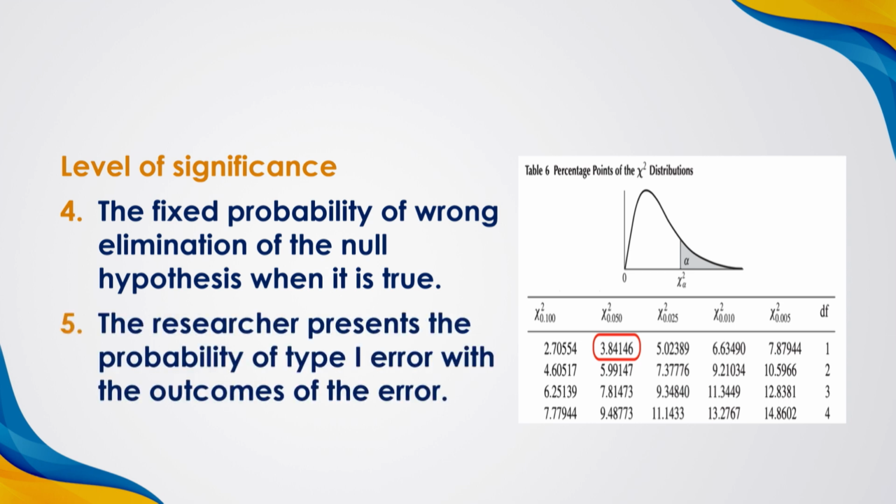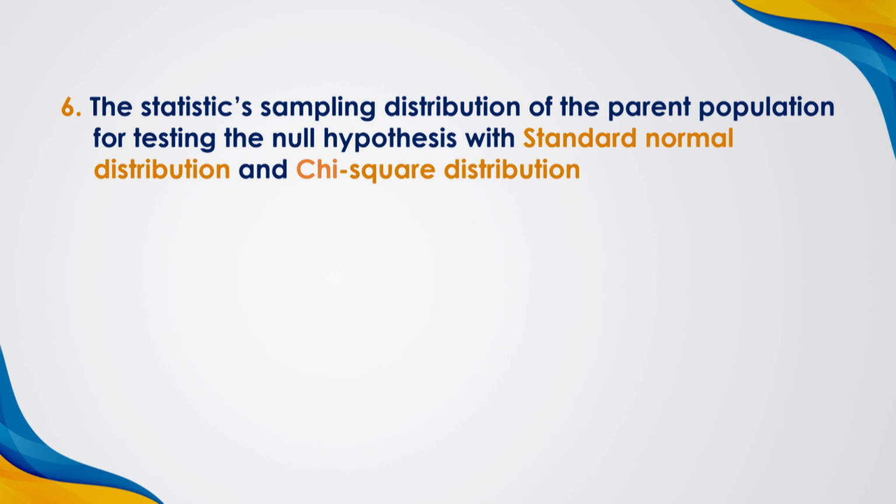The next factor is that the researcher presents the probability of type 1 error with the outcome of the error. The sixth factor: we consider the statistic's sampling distribution of the parent population for testing the null hypothesis with the standard normal distribution and also with the chi-square distribution.